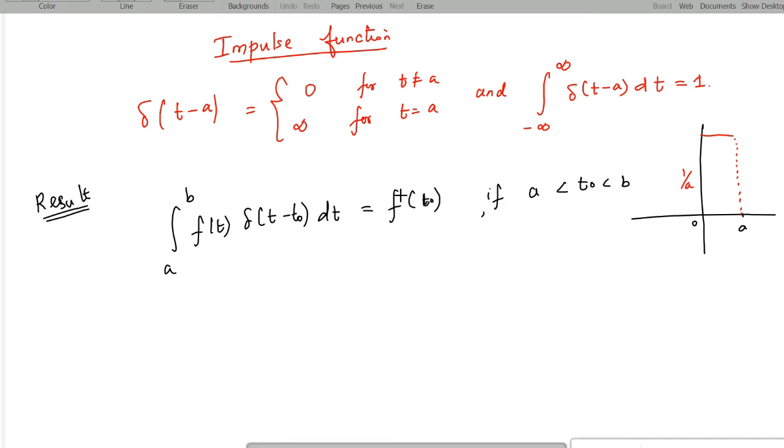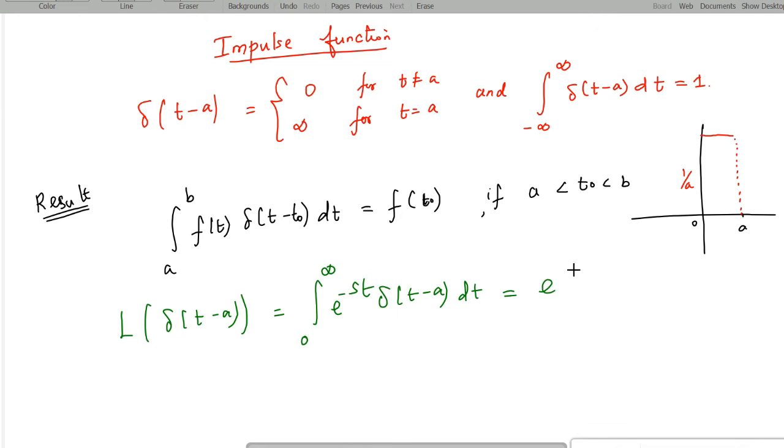Now by using this formula, if you want to find L of del t minus a, by the definition of Laplace transform, the integral from 0 to infinity of e power minus st del t minus a dt, by using the result, you can write e power minus sa.